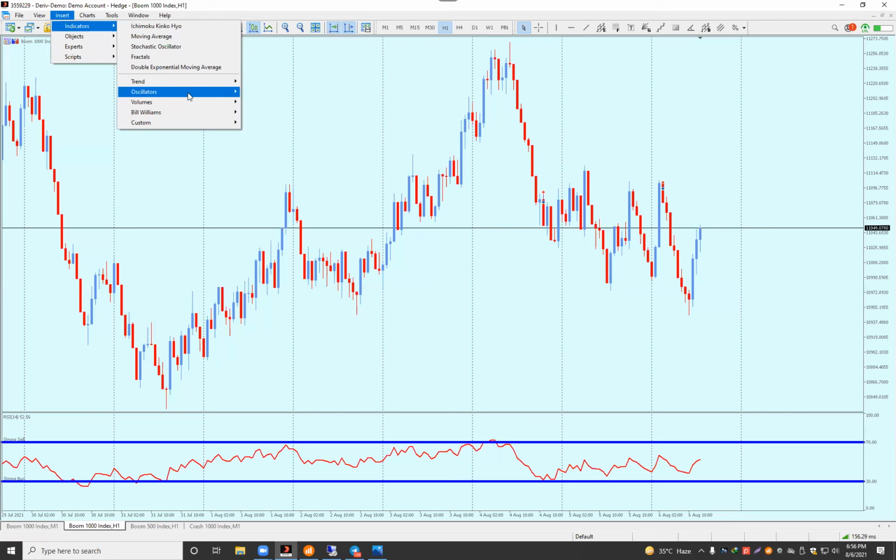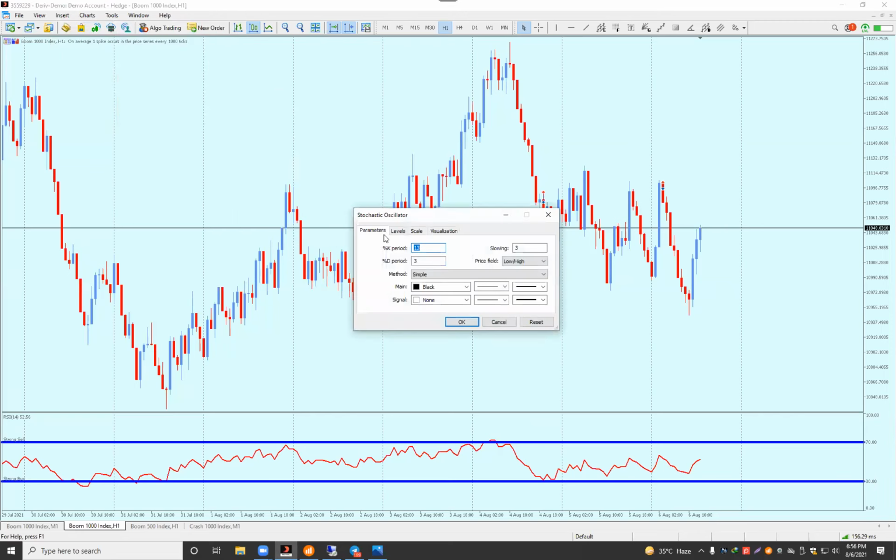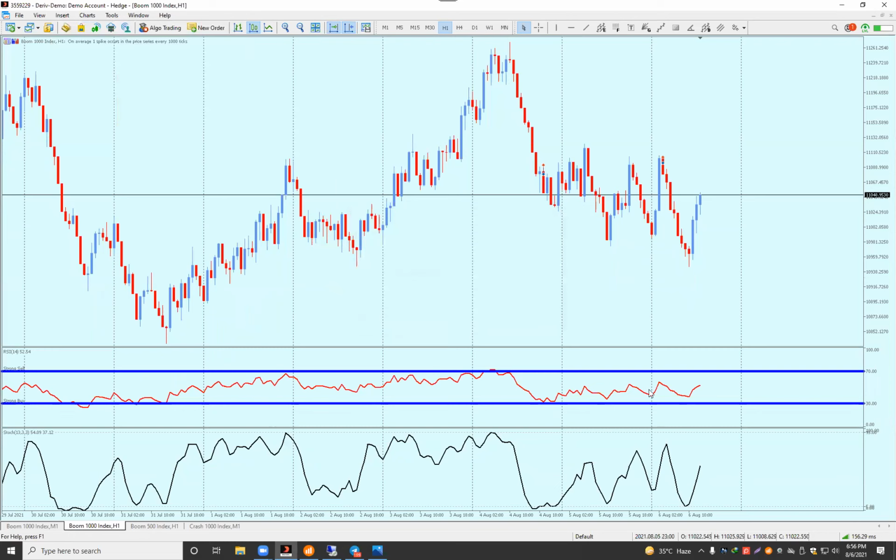On the H1, only on the H1, you can use the default setting of the stochastic oscillator, 13-3-3 simple. The same thing, what you need to do, you find this movement, this movement, this movement and this movement. Here, on the same Boom 1000, what the RSI shows you is the same thing the stochastic shows you, right?